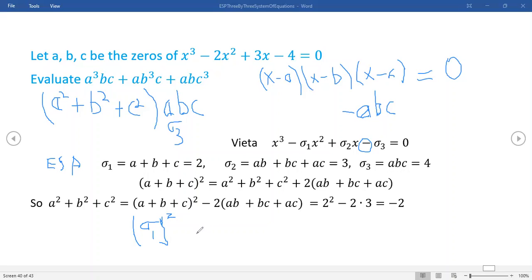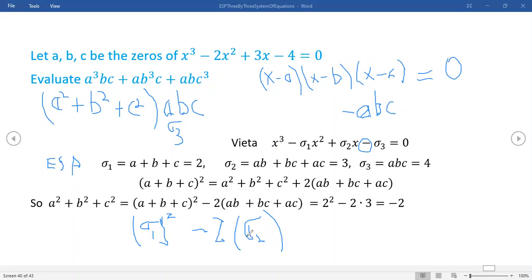Now minus 2 times, you see now that's going to be your sigma 2. Again, I apologize, that's very sloppy. But so your A squared plus B squared plus C squared is equal to sigma 1 quantity squared minus 2 sigma 2.